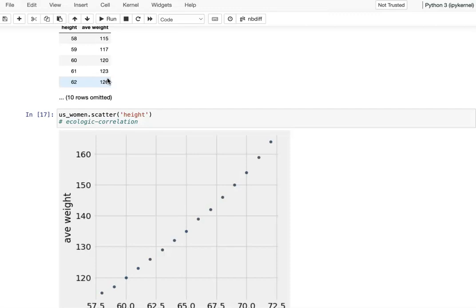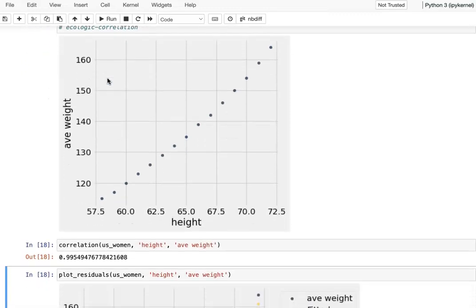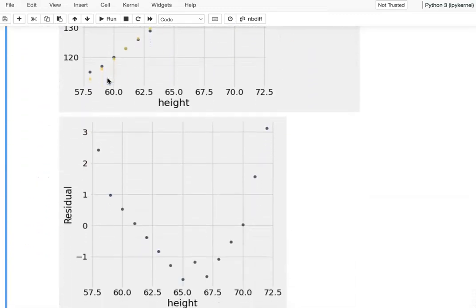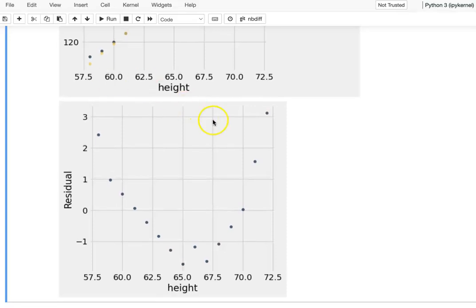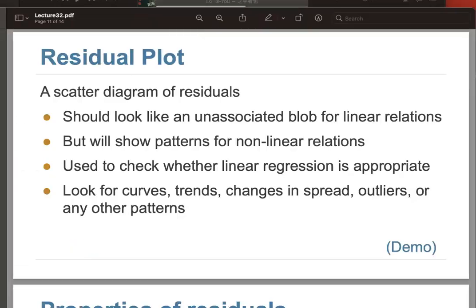Instead, we take all the women of the same height and use only one number to represent their weight. So you can see our residual plot looks like this.